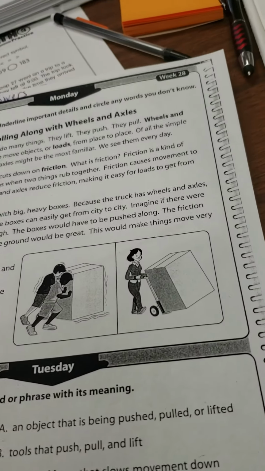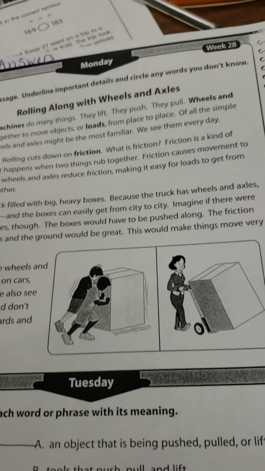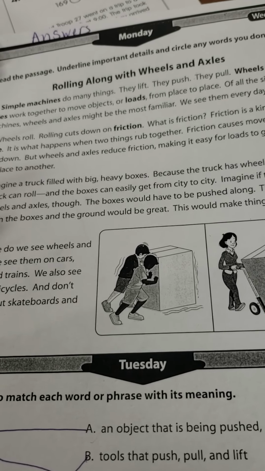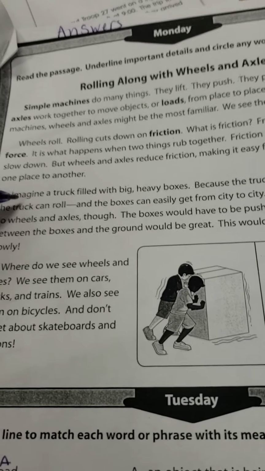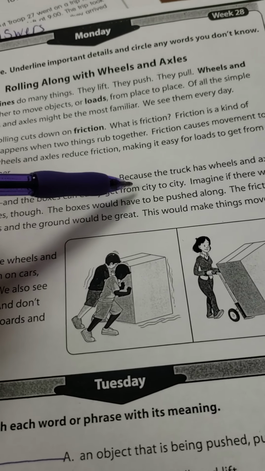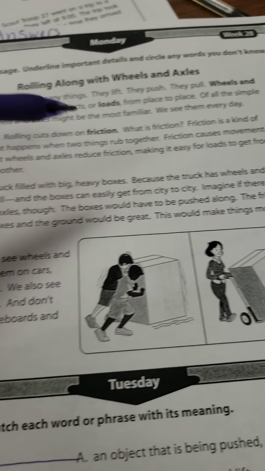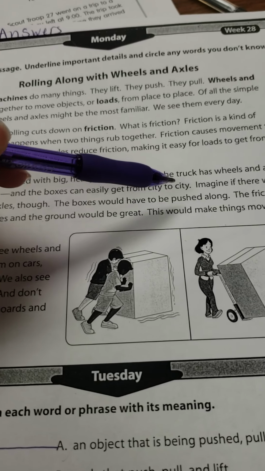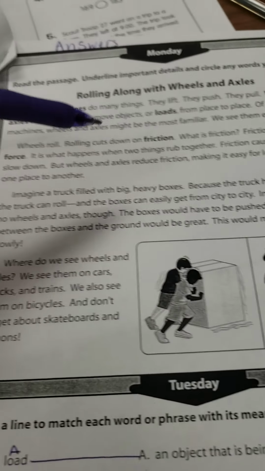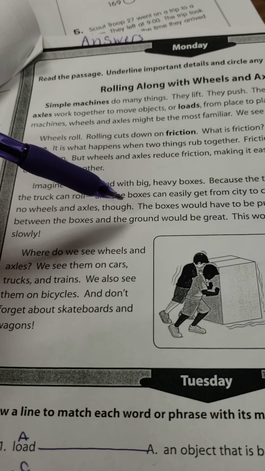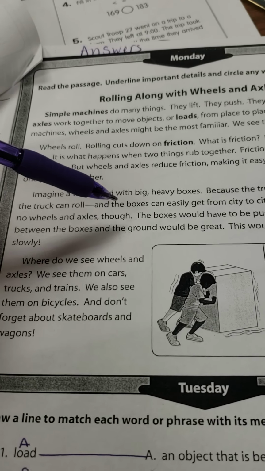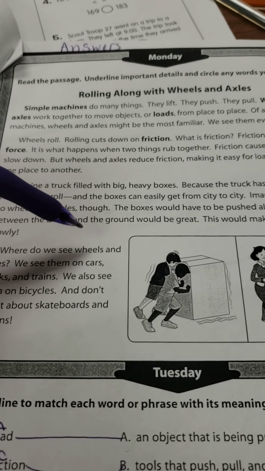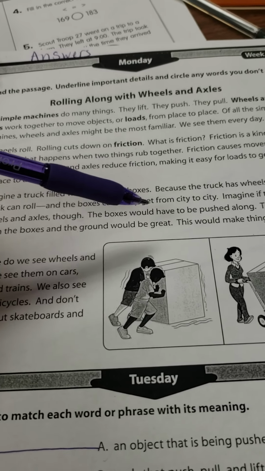Okay. So if you look up here, it says imagine a truck filled with big heavy boxes. Because the truck has wheels and axles, the truck can roll and the boxes can easily get from city to city. Imagine if there were no wheels and axles, though. The boxes would have to be pushed along. The friction between the boxes and the ground would be great, meaning it would be big.